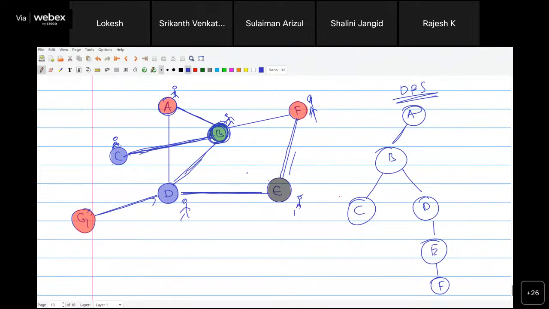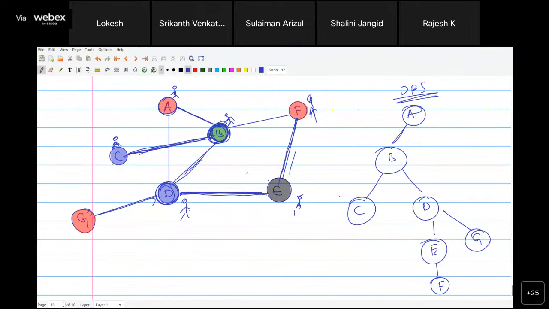Same backwards: I have gone from E to F, so I will come from F to E, E to D again, which is the nearest junction. From D, there is one more unexplored vertex G. So that I will explore.